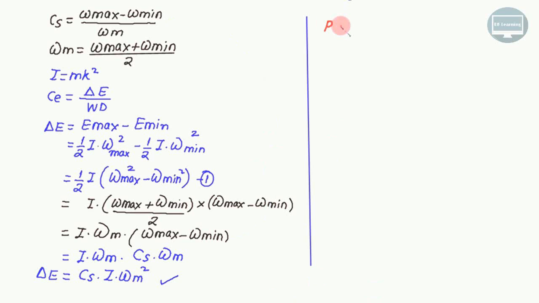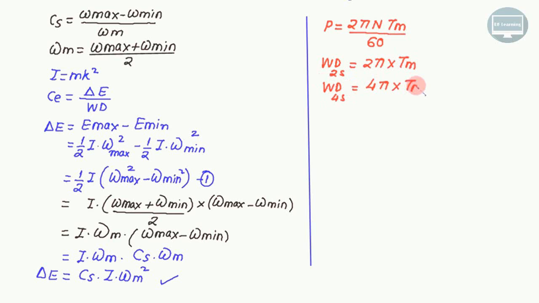The first supporting equation is power equals 2 pi n multiplied by Tm divided by 60. In case of 2 stroke, work done is 2 pi multiplied by Tm. Work done for 4 stroke is 4 pi multiplied by Tm.